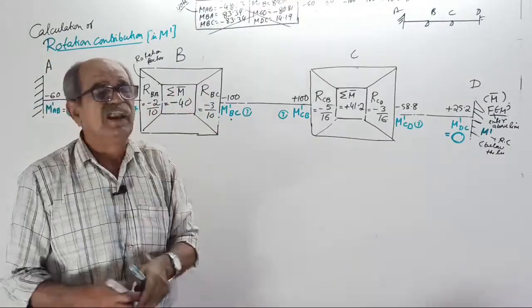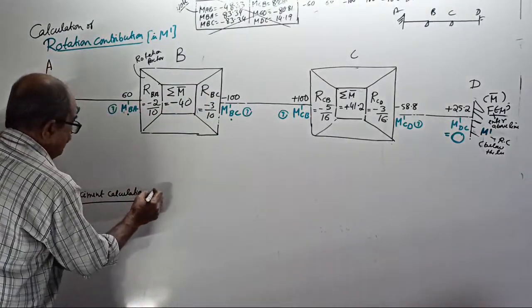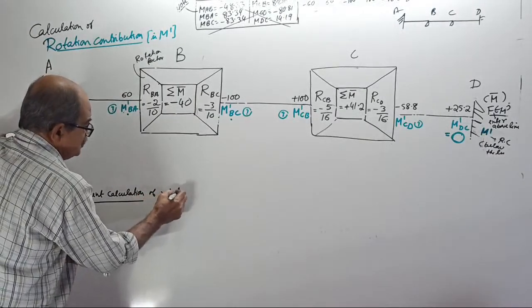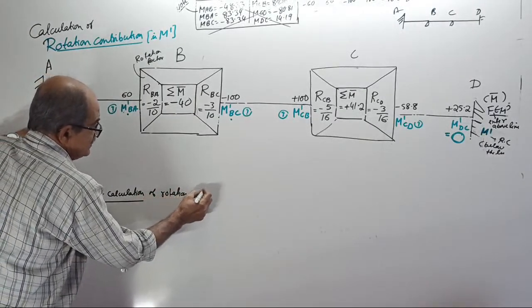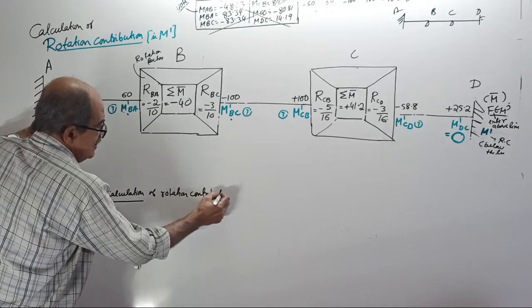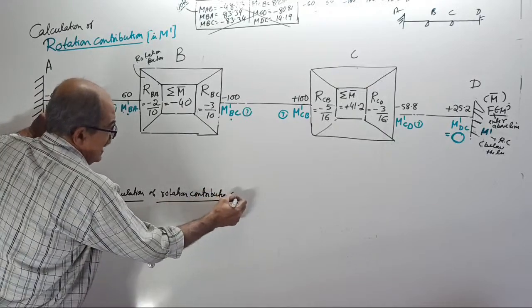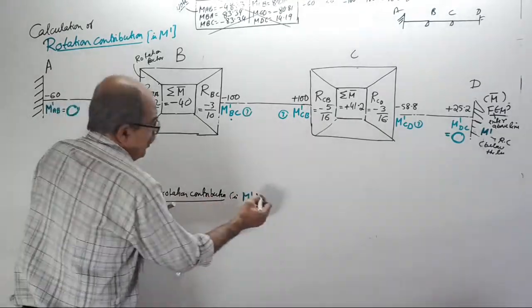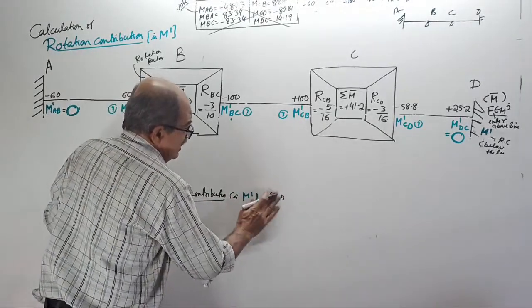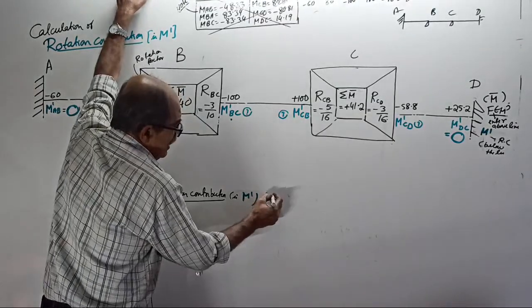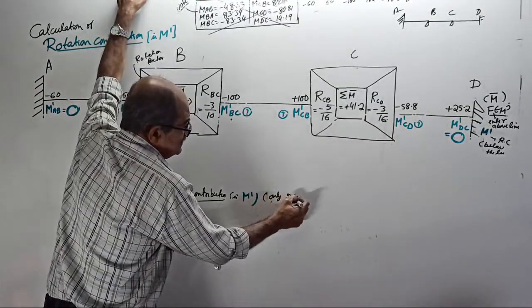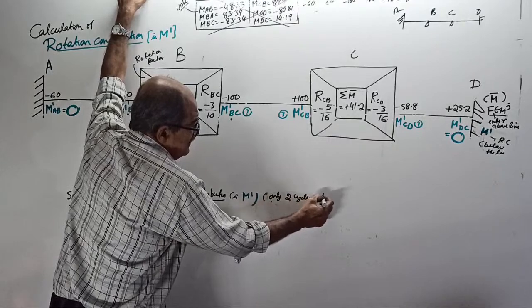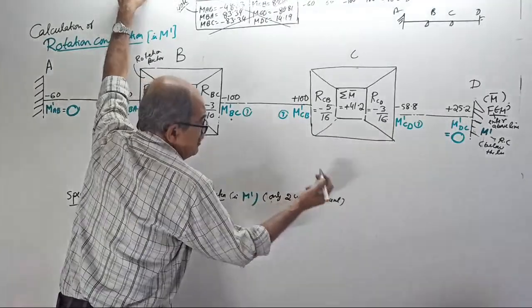For 2 cycles, calculation of rotation contribution. Rotation contribution, that is M dash, our banna. Remember, for 2 cycles, only 2 cycles is sufficient in the class.